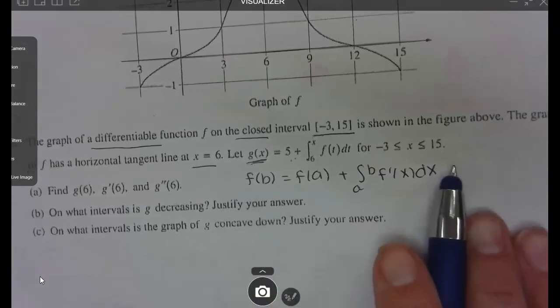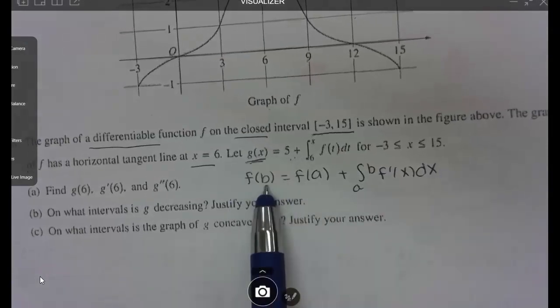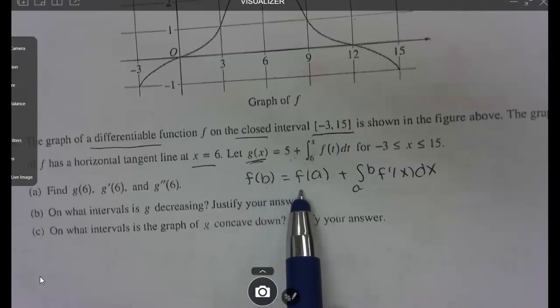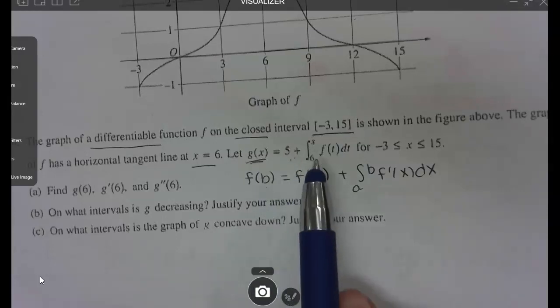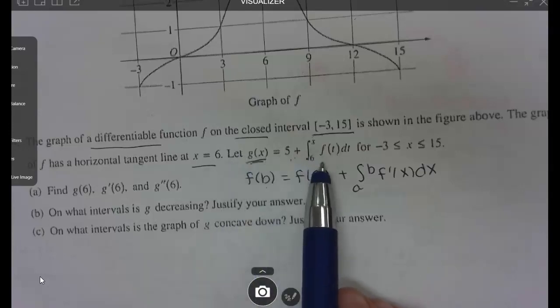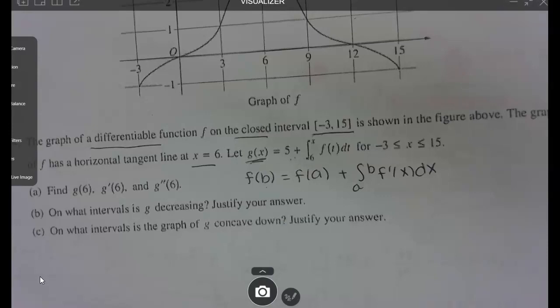So in terms of the fundamental theorem of calc, g of x is like my f, 5 is like my f of a, where a matches the lower bound. So what that means is that g of 6 equals 5.